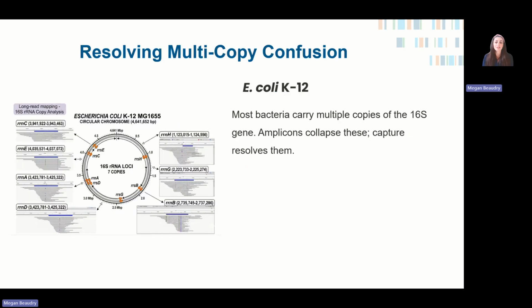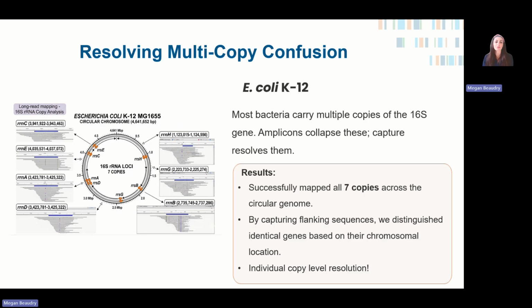And so these flanking regions are really important as they can help us resolve multi-copy confusion. As we all know, most bacteria carry multiple copies of the 16S. Now, amplicon sequencing often collapses these, but capture can help us resolve them.